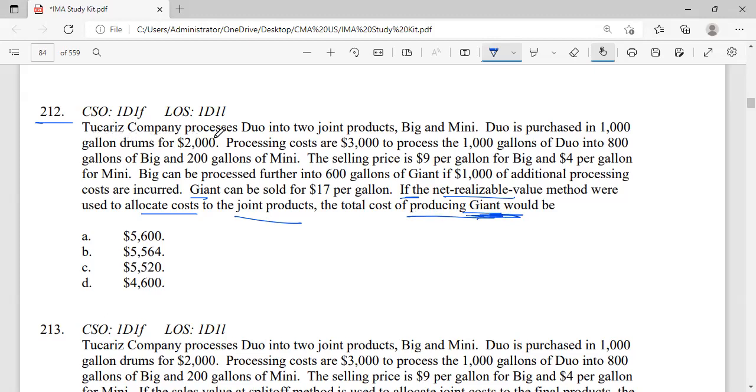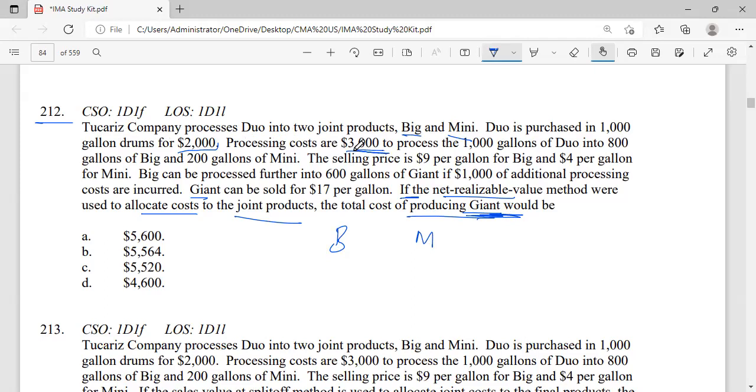Tokado's company processes Duo into two joint products, big and mini. Okay, so there are two products in here, big and mini. Duo is purchased in 1,000 gallons for $2,000, so $2,000 is the first cost which we have. Processing costs are 3,000.